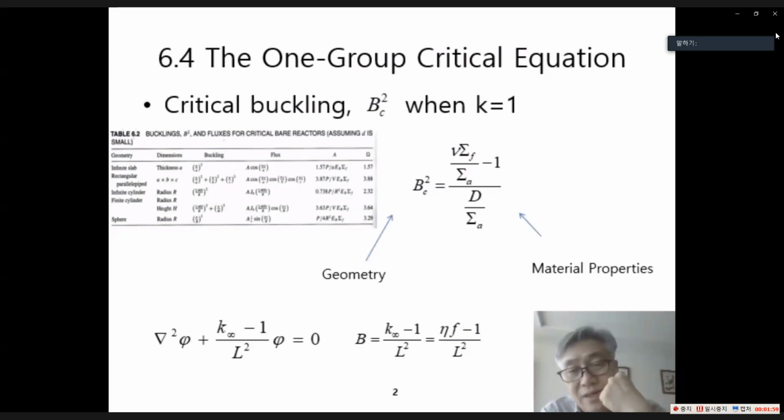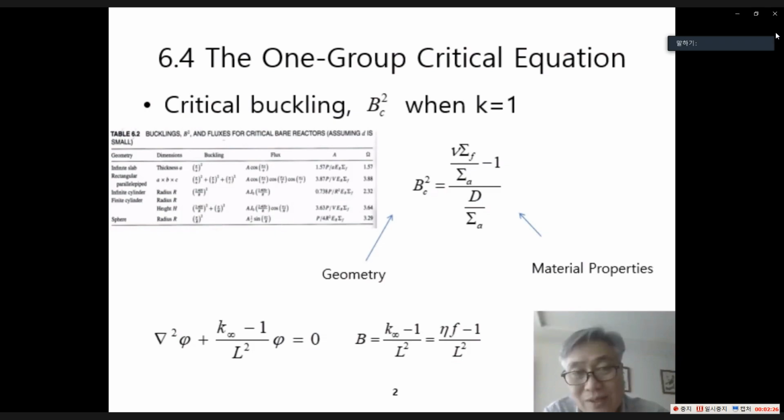Done. Left-hand side, let's review table 6.2, buckling. For an infinite slab, buckling was pi divided by a, squared. For a parallelepiped, pi divided by a squared plus pi divided by b squared plus pi divided by c squared. For an infinite cylinder and sphere, pi divided by R squared.